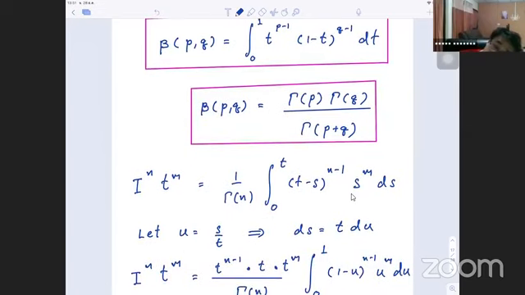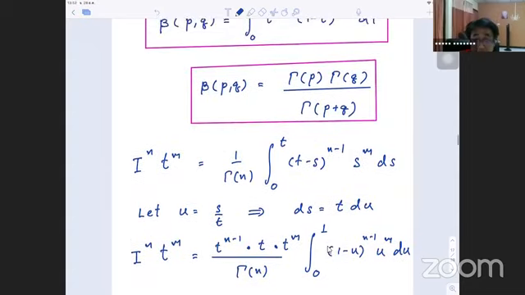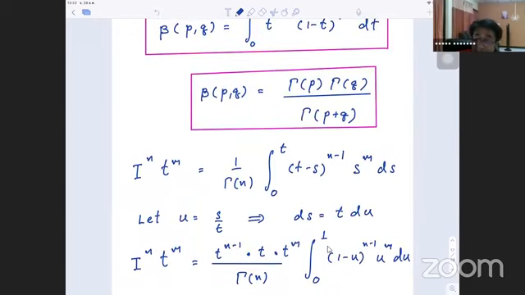From here, we set another variable, set u equal to s over t. Then we have ds equal to t du. And we replace this to the above formula. We get this. See, now ds and this du, if s equal to 0, u equal to 0.